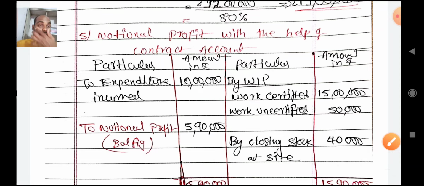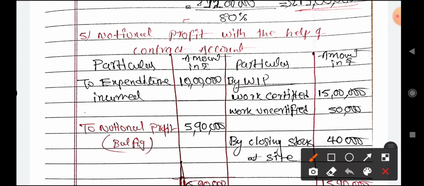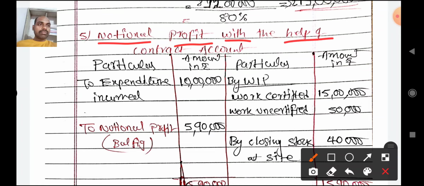Next working note we are doing with the help of contract account, calculation of notional profit, because a part of the notional profit is what gets transferred to P&L account. So notional profit with the help of contract account, particulars and amount. Total contract expenditure is given 10 lakhs including closing stock, so 10 lakhs.